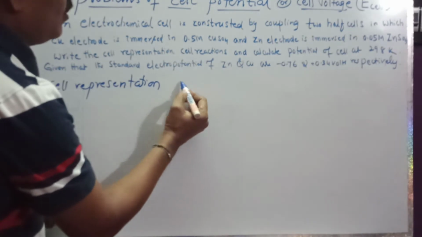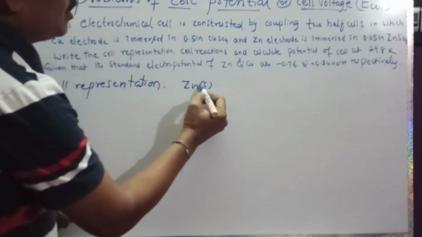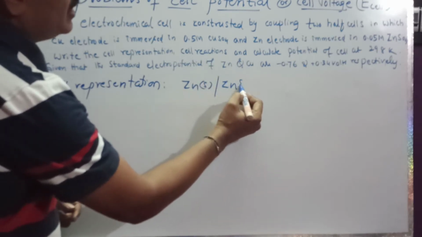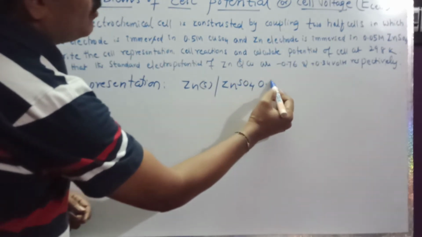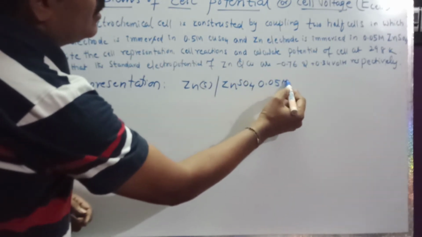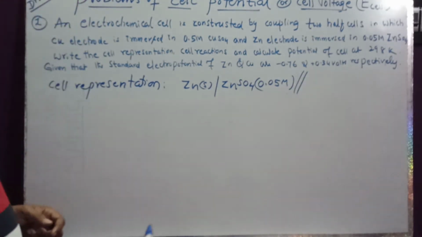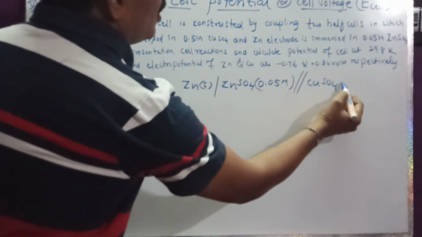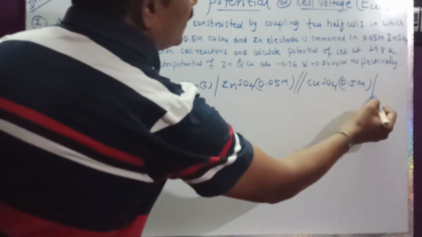So write anode on the left side, zinc, solid, which is immersed in zinc sulfate, ZnSO4, whose molarity is 0.05 molar, separated by a salt bridge. Then copper sulfate, 0.5 molar, and copper.